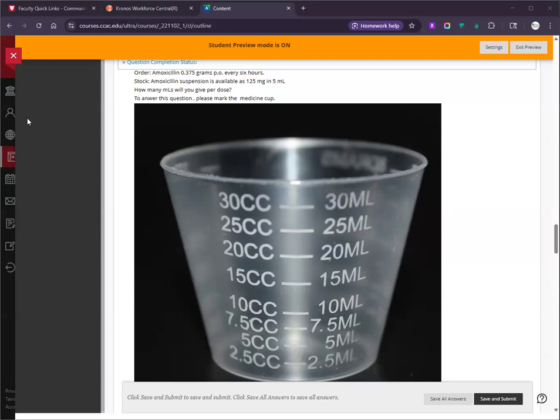Now, let's solve this. Believe it or not, this is a commonly missed question, and the reason it's commonly missed is because the order is in grams but the available is in milligrams.